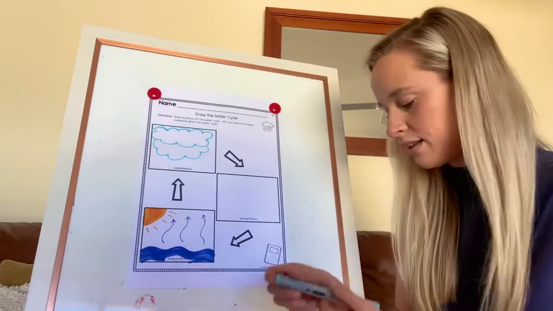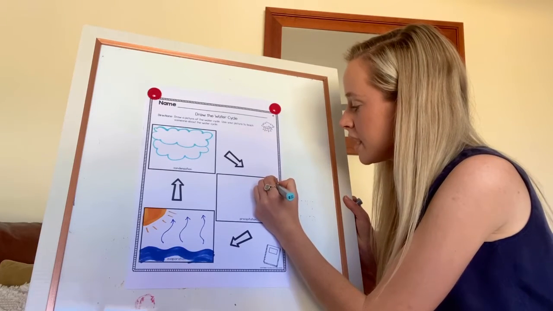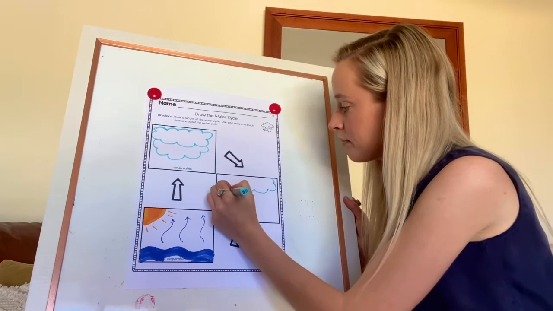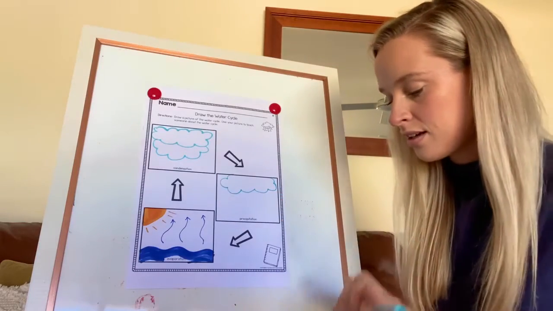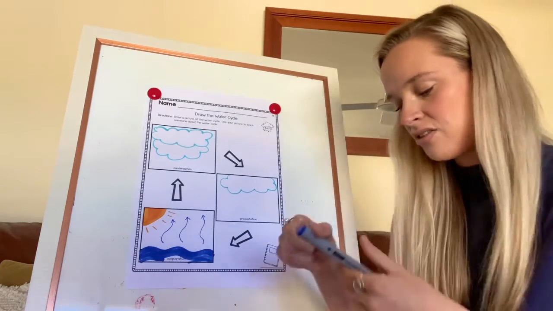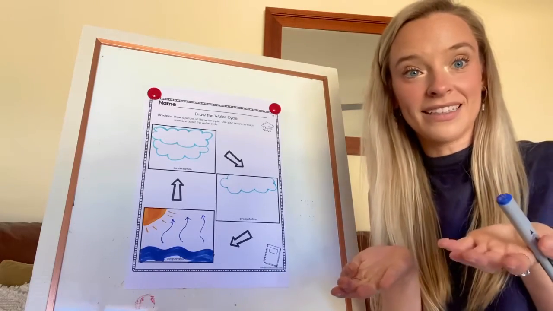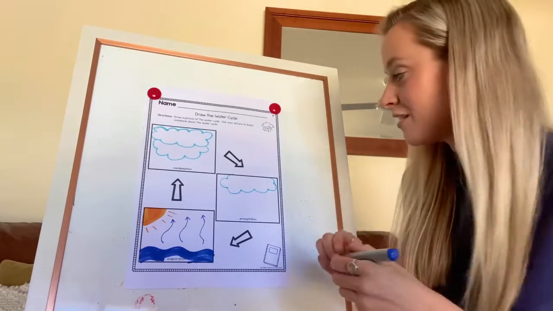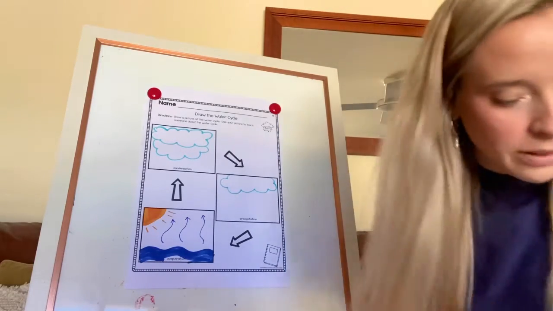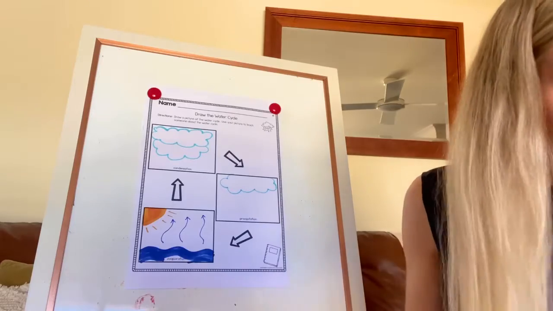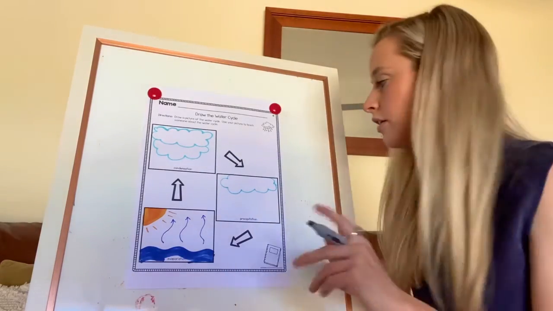So I'm going to draw a cloud in the sky again for our precipitation. There we go. And in this phase, once it's too heavy for the cloud to hold, what's going to happen? It falls back down to the earth, okay? I might use a different blue so that we can see it. There we go.